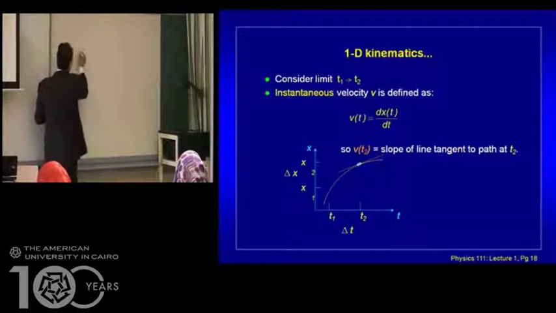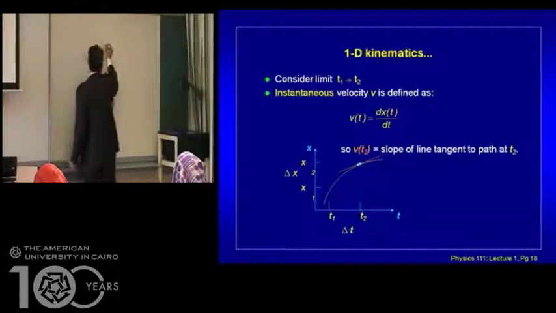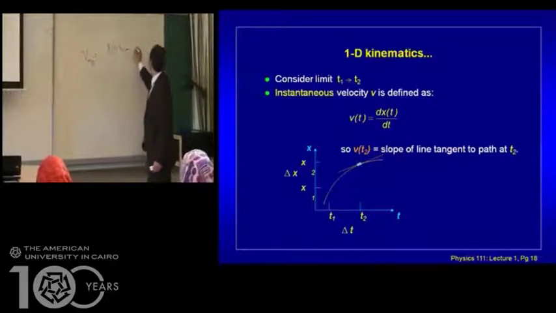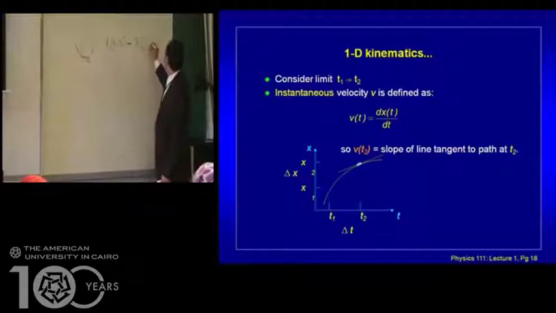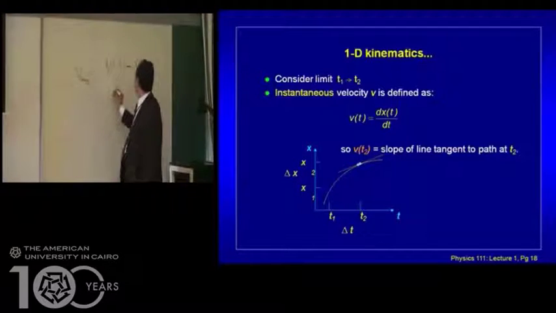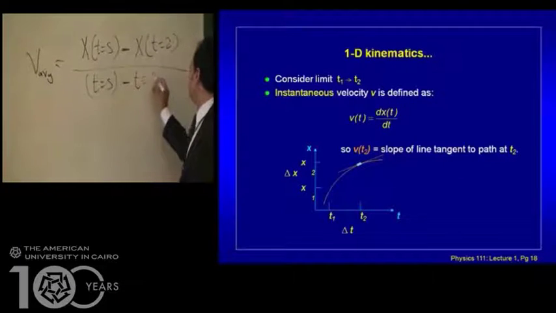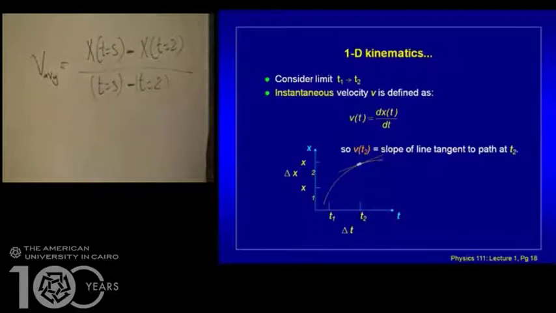They said V average will equal to x at time equal to 5 minus x at time equal to 2, divided by time equal to 5 minus time equal to 2. That's what they did. Okay, now can you tell me what will be the position of the object at time equal to 5 seconds?